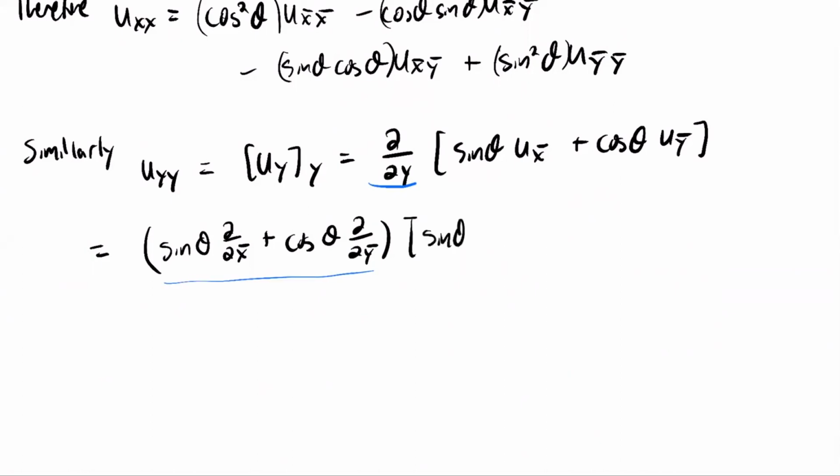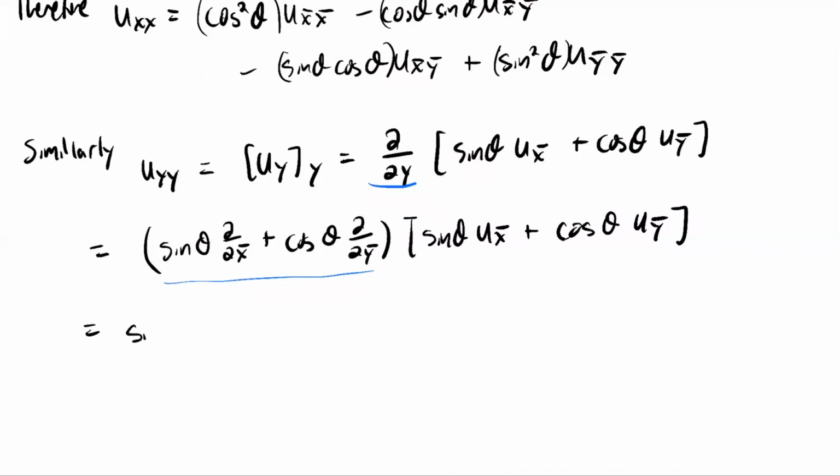So sine theta u_x bar plus cosine theta u_y bar. Now I'm going to evaluate everything, distributing through using the linearity as before. Maybe I'll move a little faster on the calculations, but of course, if I write something down that confuses you, you can pause and check the calculations yourself.